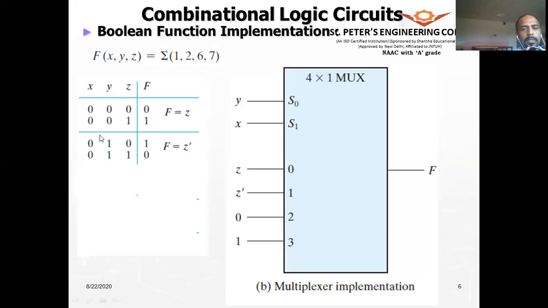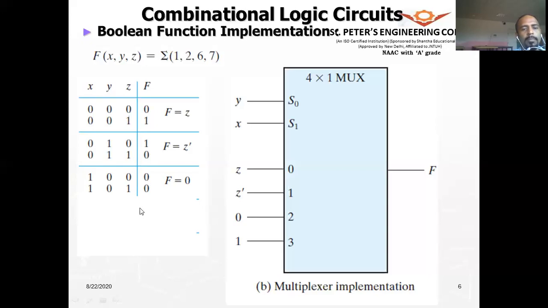Now let us look at the next combination. The output f is high only for the M1 minterm and M2 minterm. For M3, M4 and M5, the output is 0.